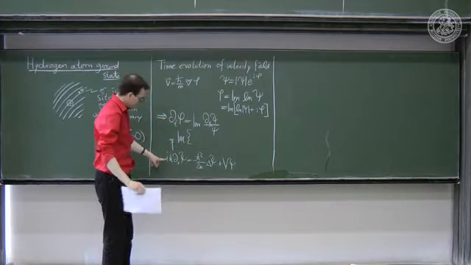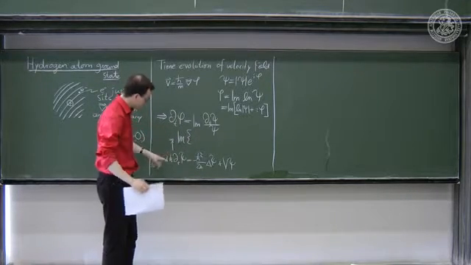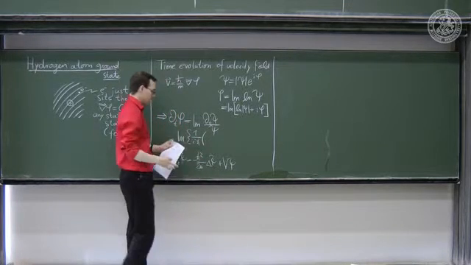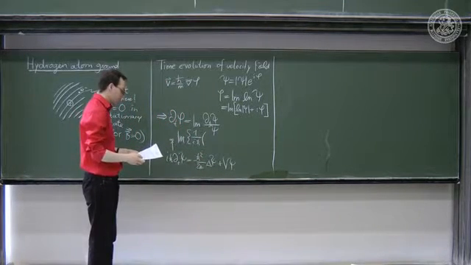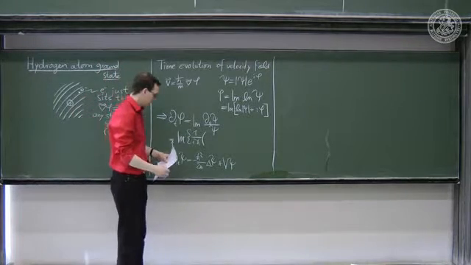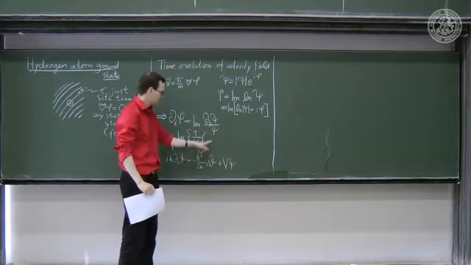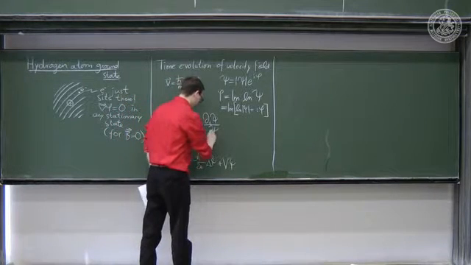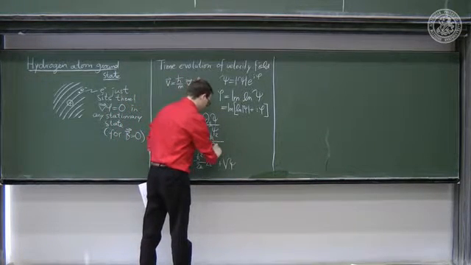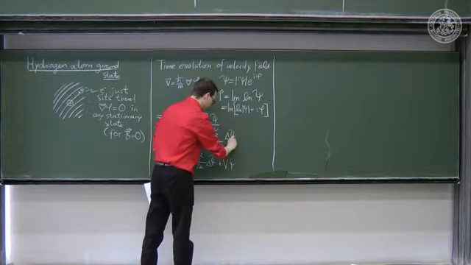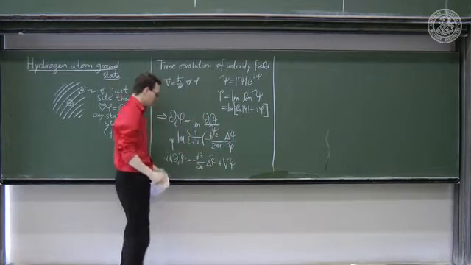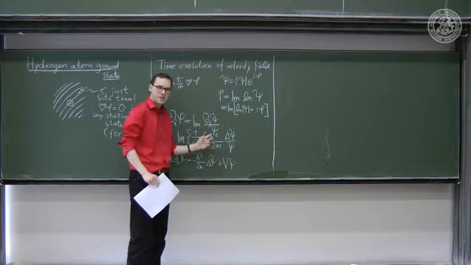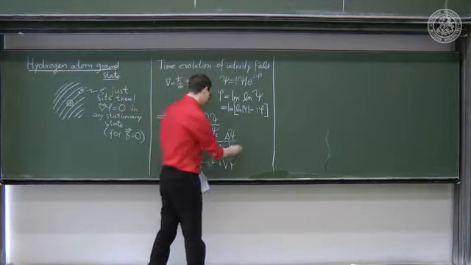Well, 1 over i h bar, that's the factor stemming from here. The first term will be taking this Laplacian and dividing it by psi. The second term is even more simple. It's just V psi divided by psi, so it's simply V.